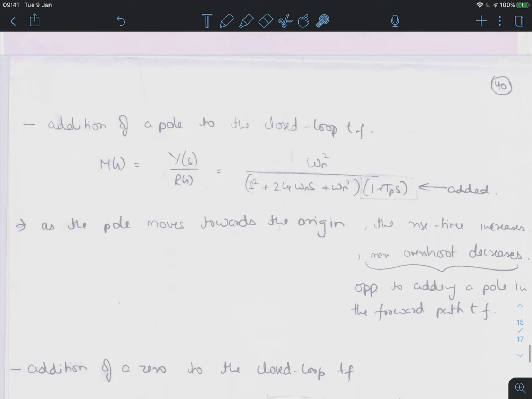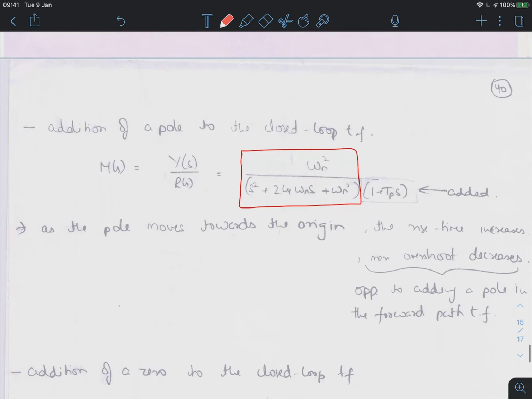Now the second point is that if I add a pole to the closed loop transfer function, say we have the closed loop transfer function y over r given by this. This part is what we have been seeing so far from the beginning of this topic. Now in the closed loop transfer function, I have added this pole located at minus 1 upon tp.